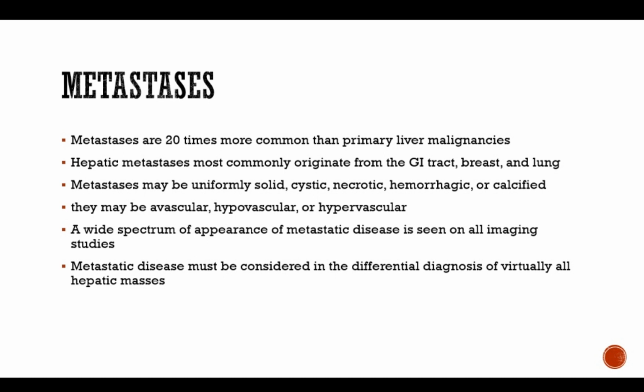Metastasis of the liver is the number one most common cause of multiple liver lesions. And as we know, regarding the malignancies of the liver, metastasis is 20 times more common than the primary malignancies of the liver. And they are very variable in their presentation. They could be solid, cystic, necrotic, hemorrhagic.